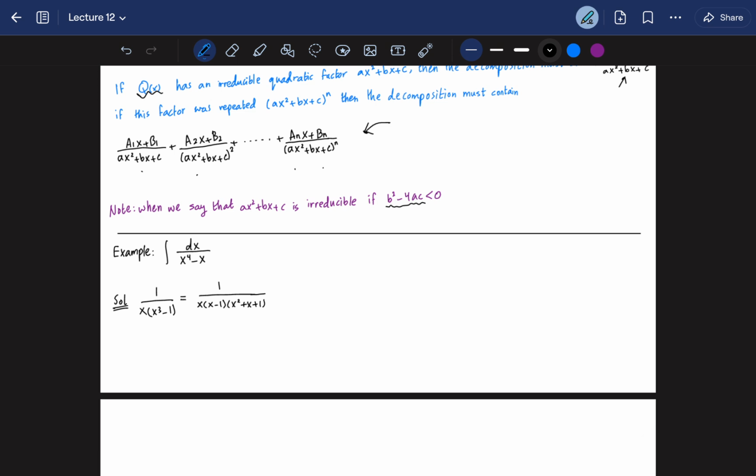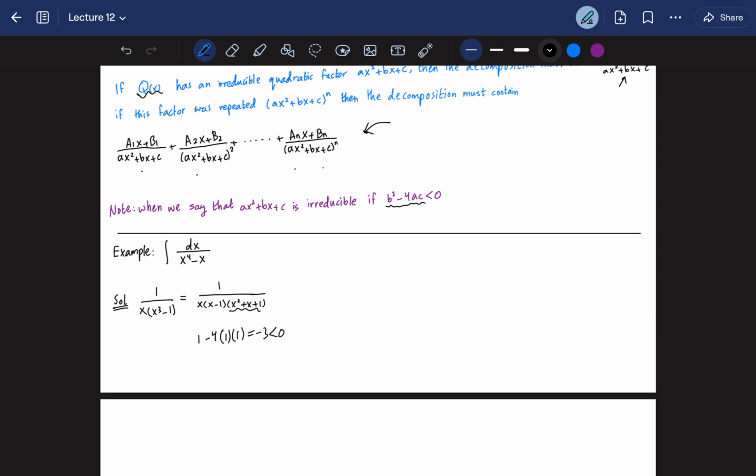Once you factor the denominator here, we're going to get x minus 1, then x squared plus x plus 1. Now this does not factor, because if you take your b, this is 1 squared, which is 1, minus 4 times 1 times 1, which is negative 3, so it's less than 0. This means I can't factor it, at least in real numbers, because you can factor it in complex numbers, but we're not interested in that here.